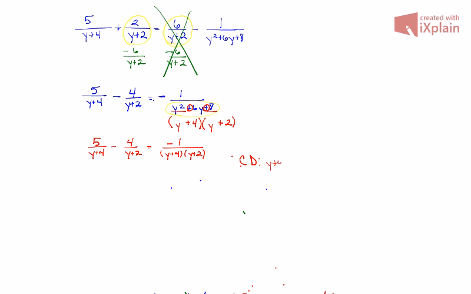Well, I'm seeing a y plus 4 happening, and then I'm also seeing a y plus 2, and those are the only unique terms that I'm seeing in the denominator. And again, I only want to look in the denominator because I'm looking for a common denominator. So we'll go through, and we'll multiply each term by my key common denominator.